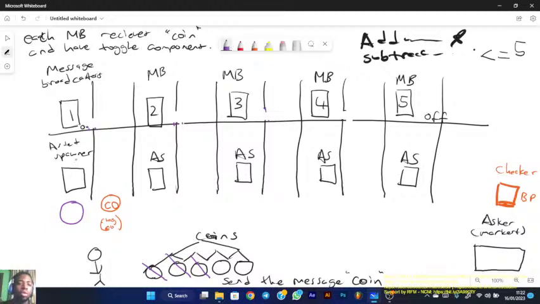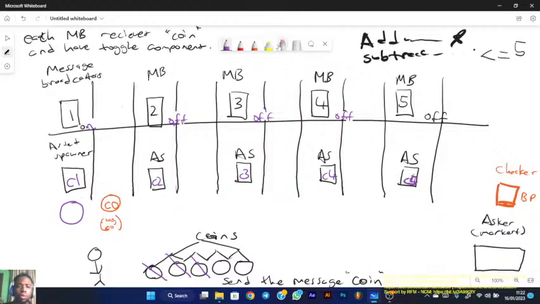Okay, so each asset spawner, this is on, this is off, this is off, this is off. Each asset spawner spawns a coin with a specific tag. So let's say C1. This coin is already here, C0, and I'll tell you why in a short while. So this will be C2, C3. This one spawns a coin C4. This one spawns a coin C5.